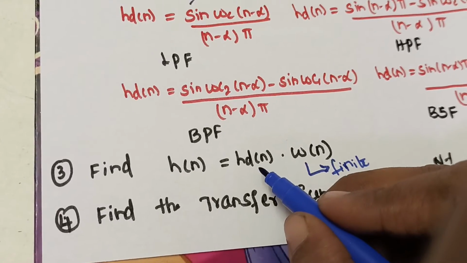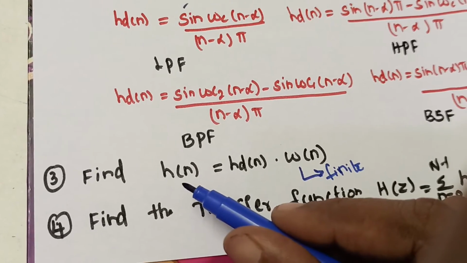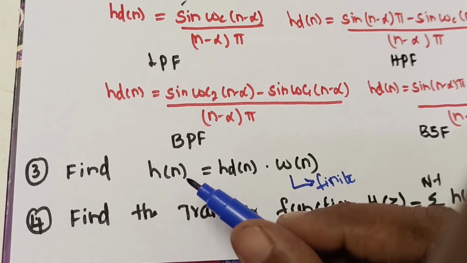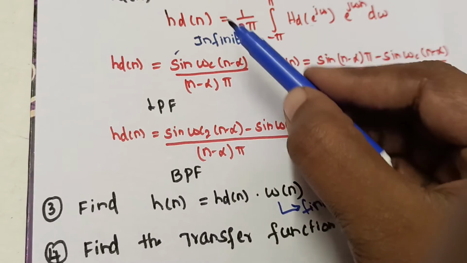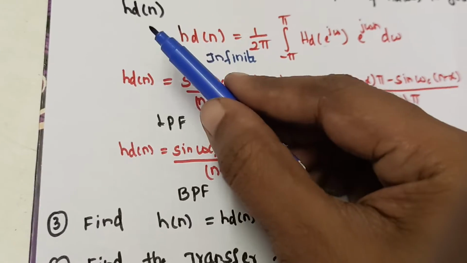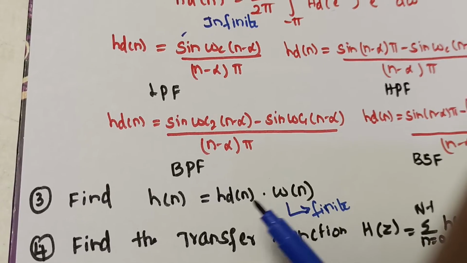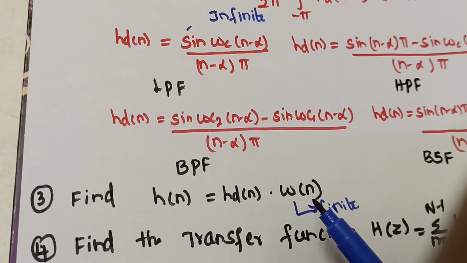So whenever an infinite duration sequence is multiplied by a finite duration sequence, the resultant sequence, which we name h of n, is going to be a finite duration sequence. So in the third step, we have converted the infinite impulse response hd of n into a finite impulse response h of n by multiplying it with a finite window function.